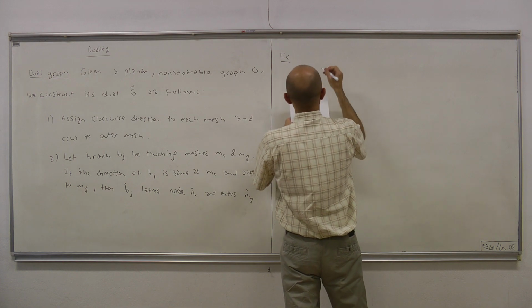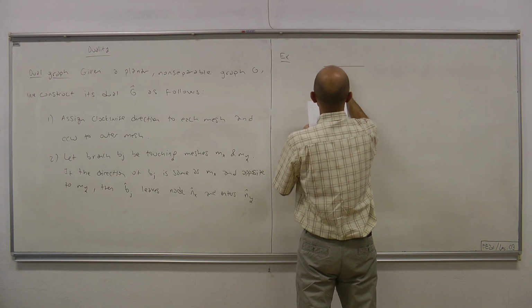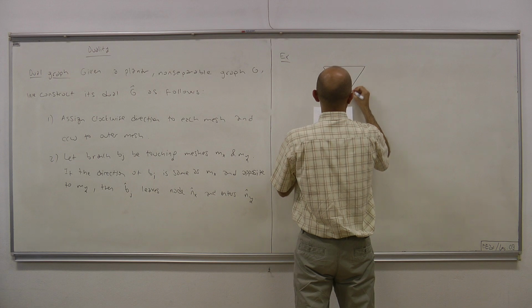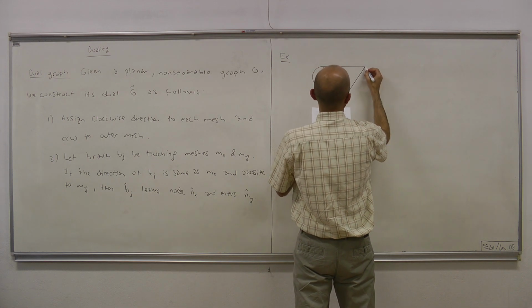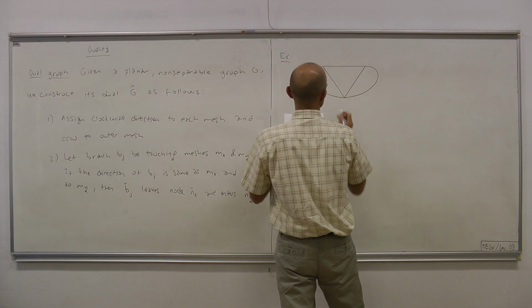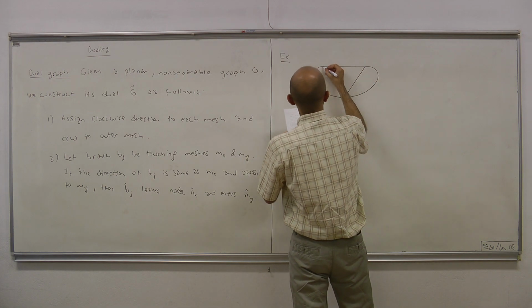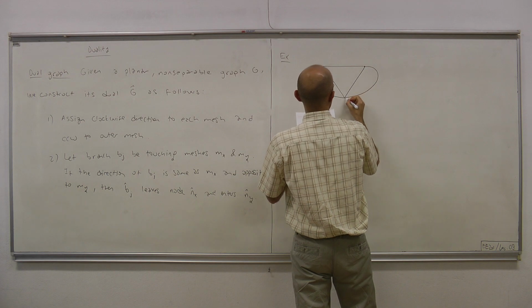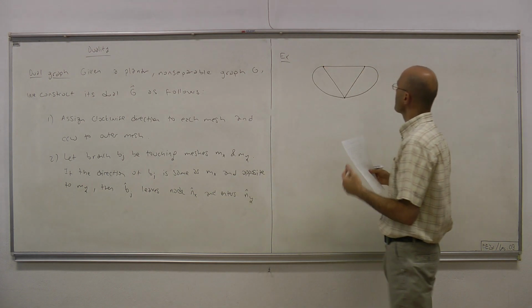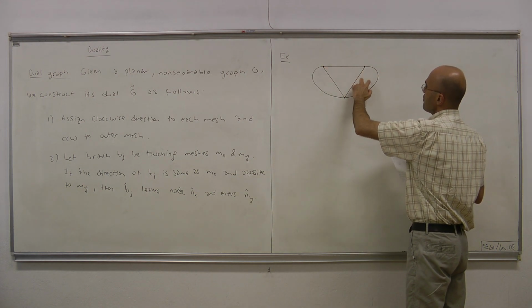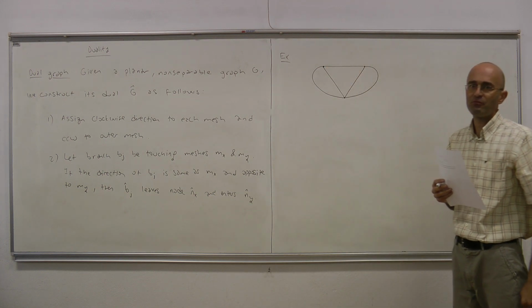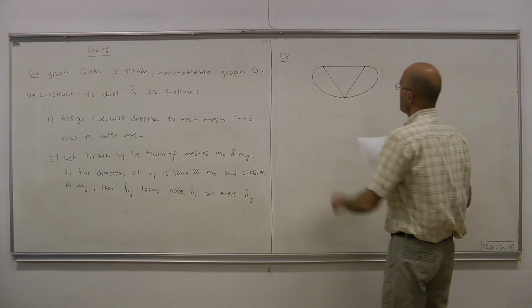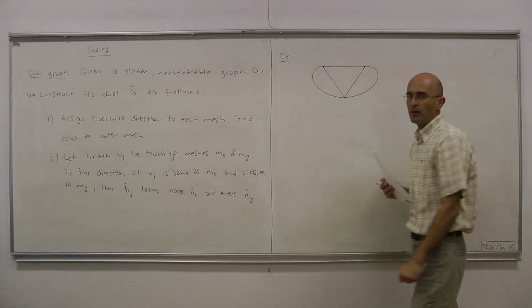Suppose that this is our graph G with 1, 2, 3 inner meshes and 1 outer mesh, with 5 branches.